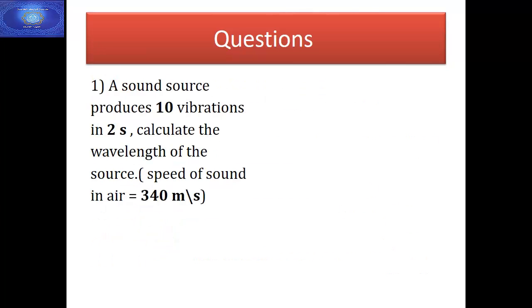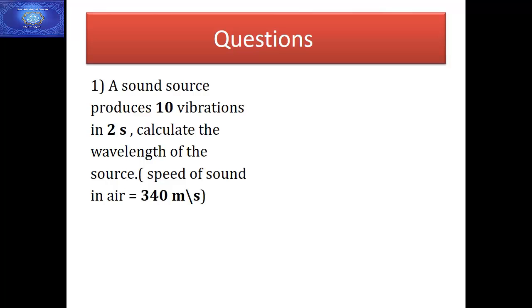Now we are going to solve some questions related to speed of sound. First question: a sound source produces 10 vibrations in 2 seconds. Calculate the wavelength of the source if speed of sound in air equals 340 meters per second.